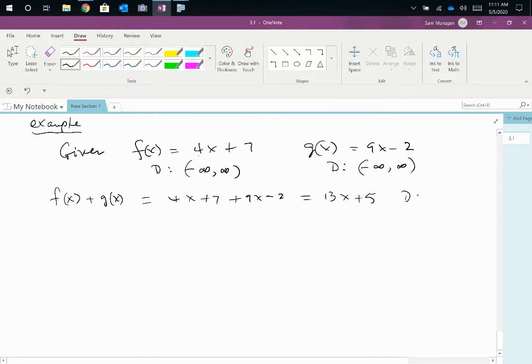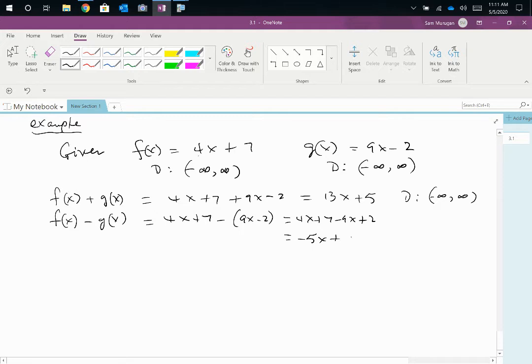The domain is negative to positive infinity, or all real numbers. f of x minus g of x is 4x plus 7 minus 9x plus 2, which is negative 5x plus 9, which also has a domain of negative to positive infinity.